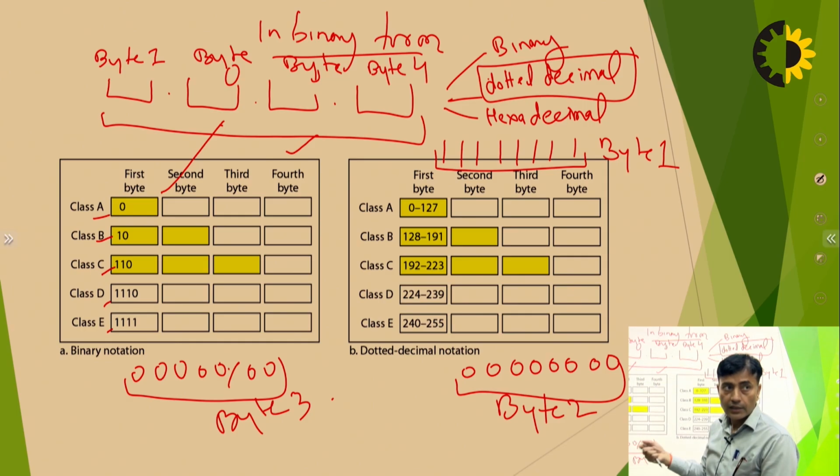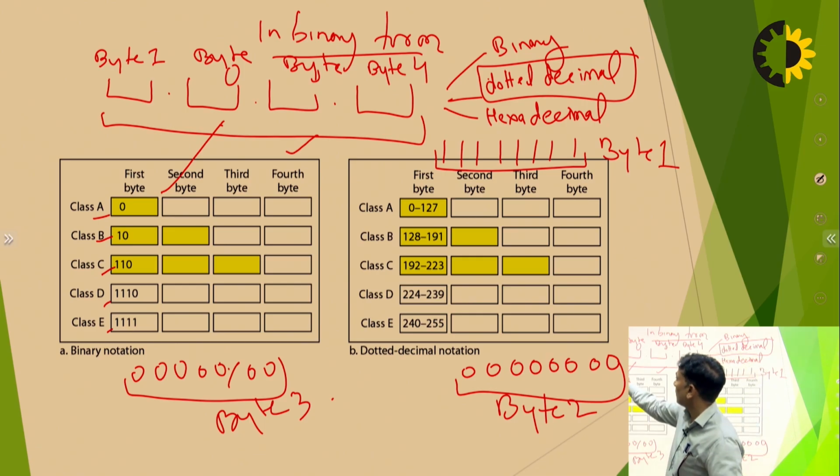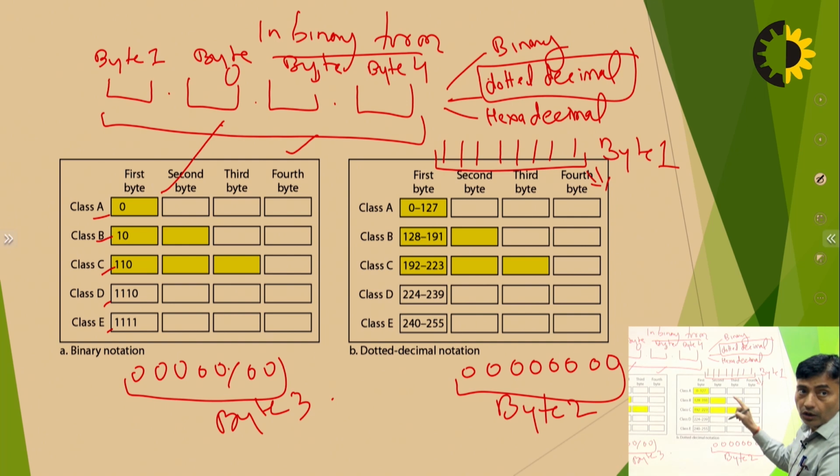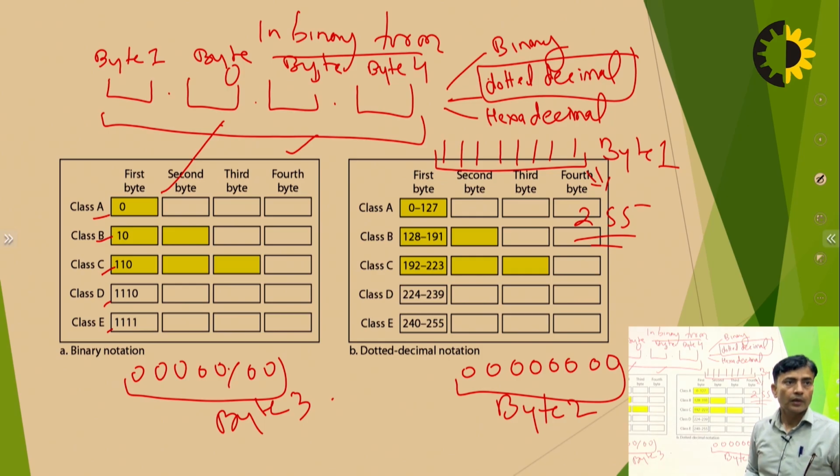Then what is the next step? The next step is that this binary stream is converted into decimal. Suppose this byte 1 contains all 1s. We know that all 8 1s give which number? 255. Am I right? 255. Simply you have to convert into decimal.